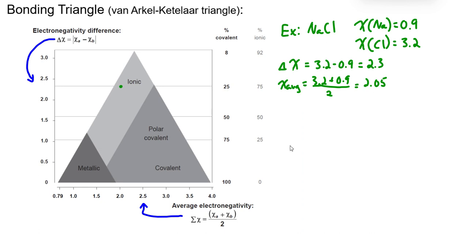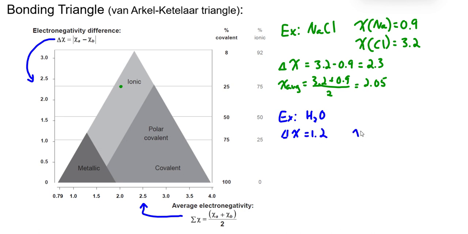Okay, let's take a look now for another example. I won't work this out in full, although it'll be the same process. We're going to look at H2O. So specifically here, we're looking at the hydrogen-oxygen bond. And if we do that, we get that the change in electronegativity, and I encourage you, if you want to pause the video and try these out with your values, you can go ahead and do that. But for the difference, we get a difference of 1.2.